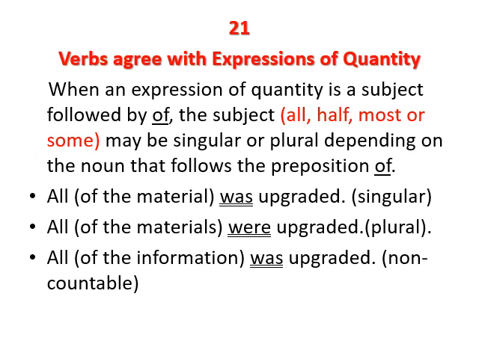Verbs agree with expressions of quantity. يعني ايه expressions of quantity؟ يعني نقول all half most some، ودي ممكن تبقى على فكرة singular وممكن تبقى plural حسب اللي جاي بعدها. طيب نقرأ الكلام ده.